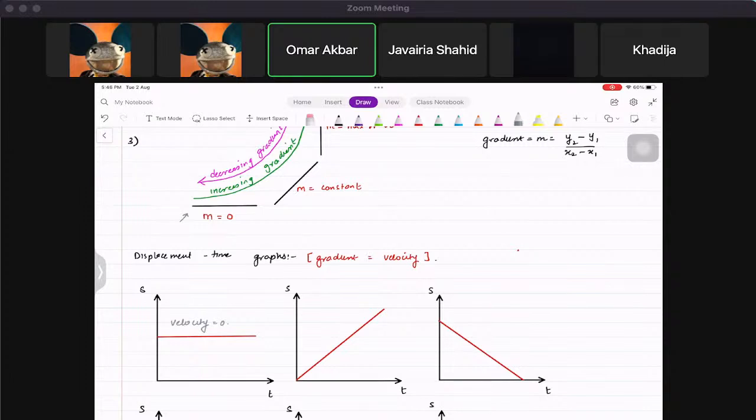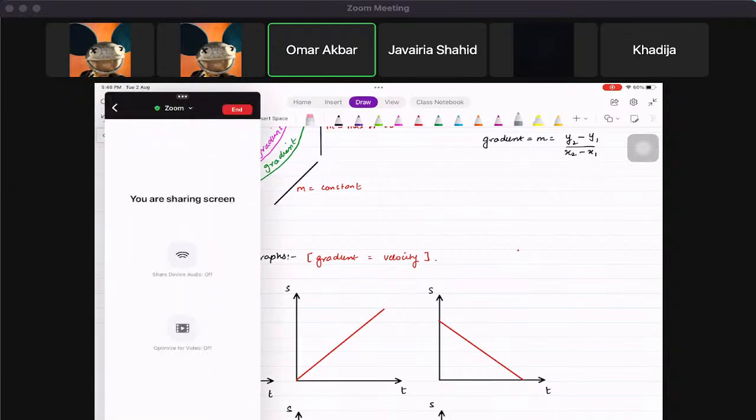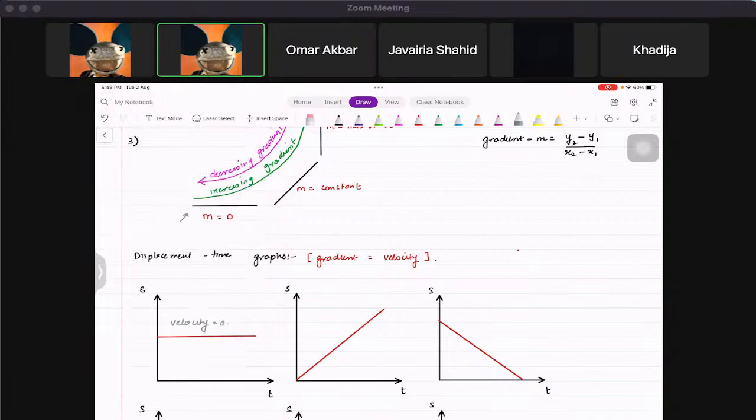You guys can hear me, right? Okay. So I'm saying if you look at this line, it is a straight line and it looks like this here. So it means that the gradient is 0. Is it clear?